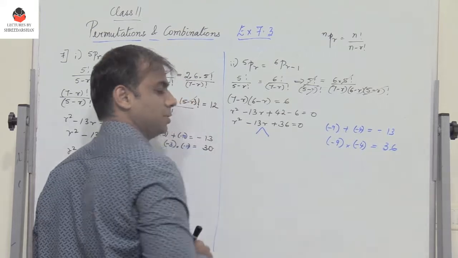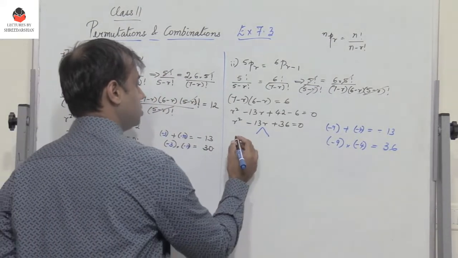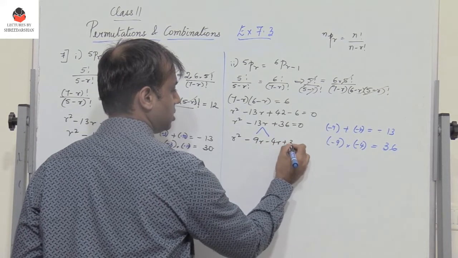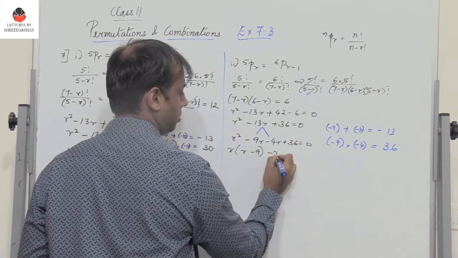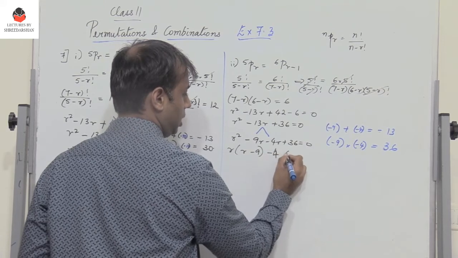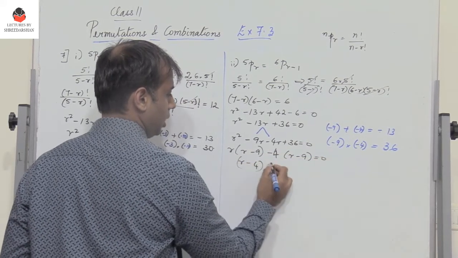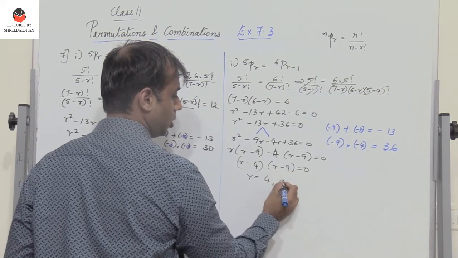So split this as minus 9r and minus 4r. So r square minus 9r minus 4r plus 36 equals 0. R into r minus 9 minus 4 into r minus 9 equals 0. So r minus 4 into r minus 9 equals 0. So r equals 4 or 9.